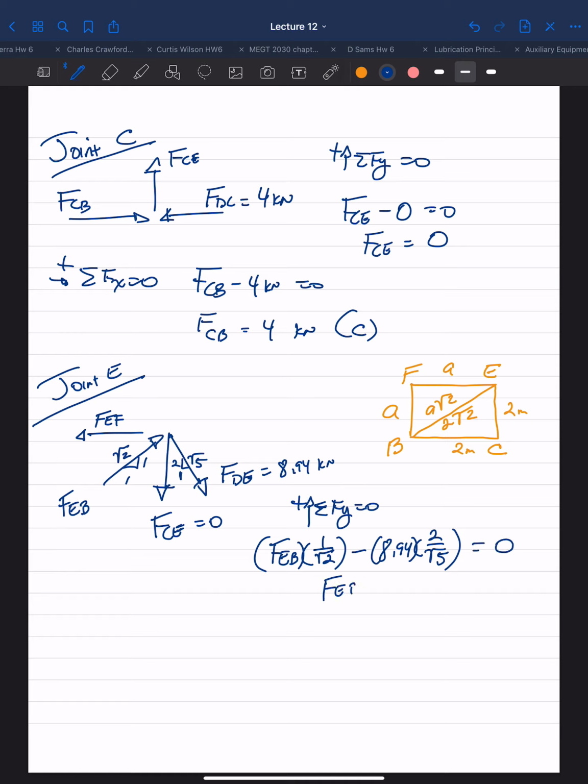Solving for FEB. FEB is 11.3 kilonewtons. FEB is pushing on the joint, so it's in compression.